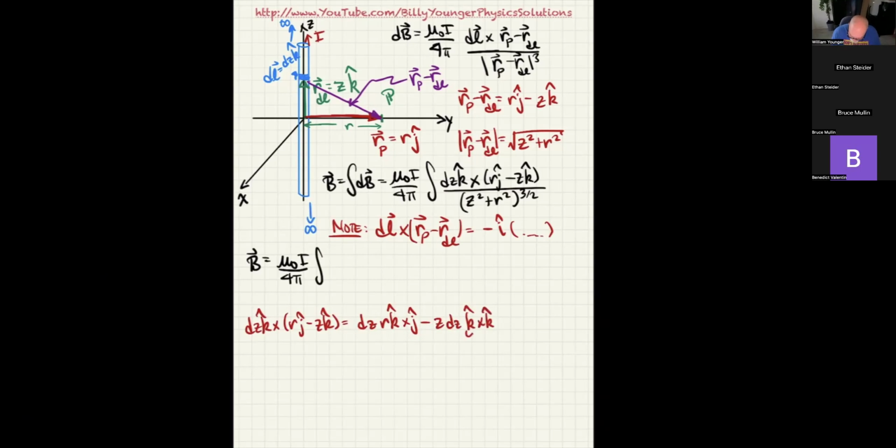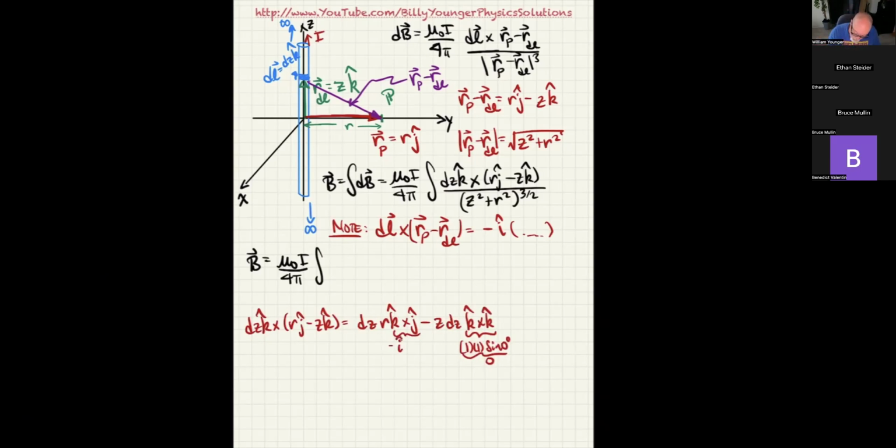But k hat cross k hat is 1 times 1 times the sine of 0 degrees, which is 0. K hat cross j hat is in the negative i hat direction. So this one's going to be negative i hat. And that's all we need.